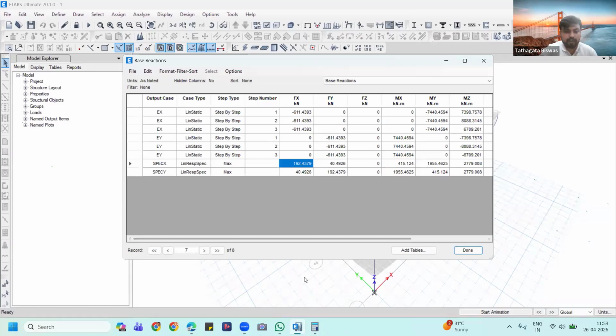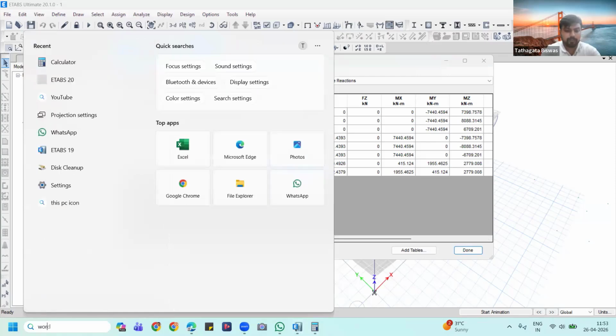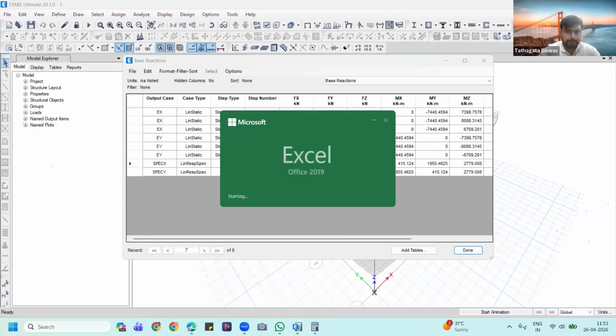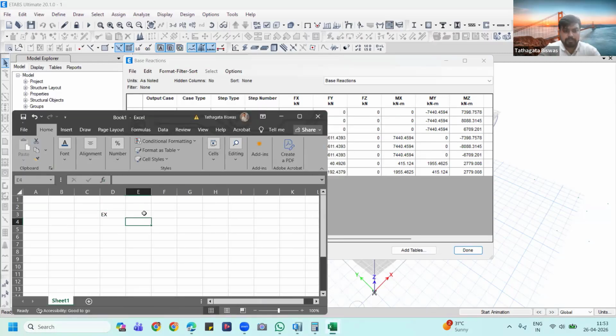You can write it down somewhere, let's say in Paint, or in any Word file or Excel. So the EX value is how much? 611, right? EY is also 611.